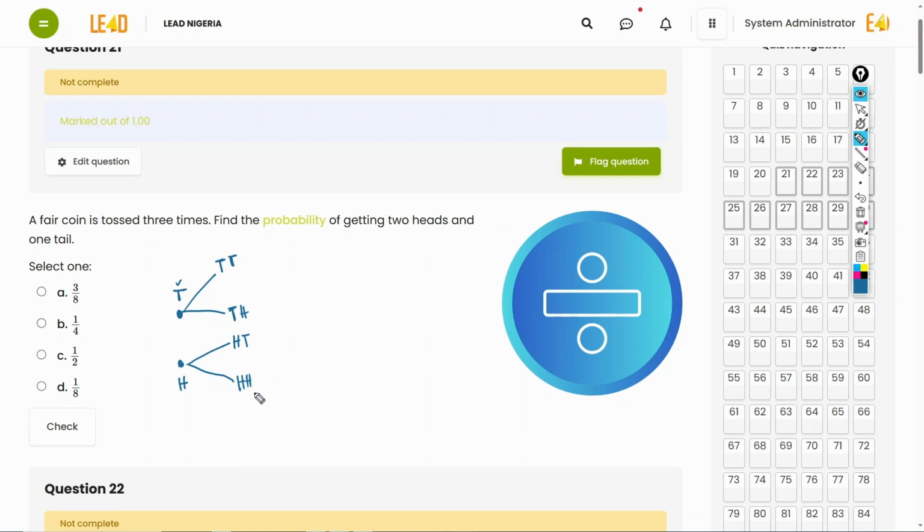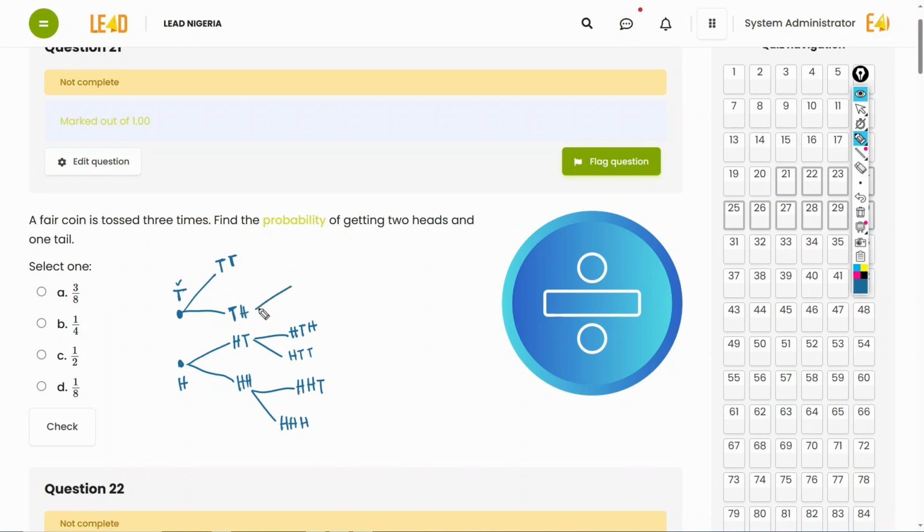Now for the third toss, we're going to do the same thing. I could have head, head, tail, or head, head, head. For the next one here, I could have head, tail, head, or head, tail, tail.